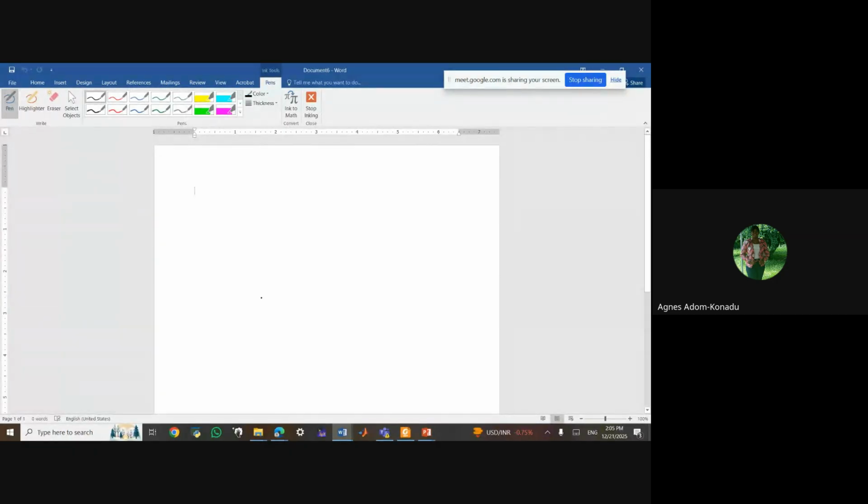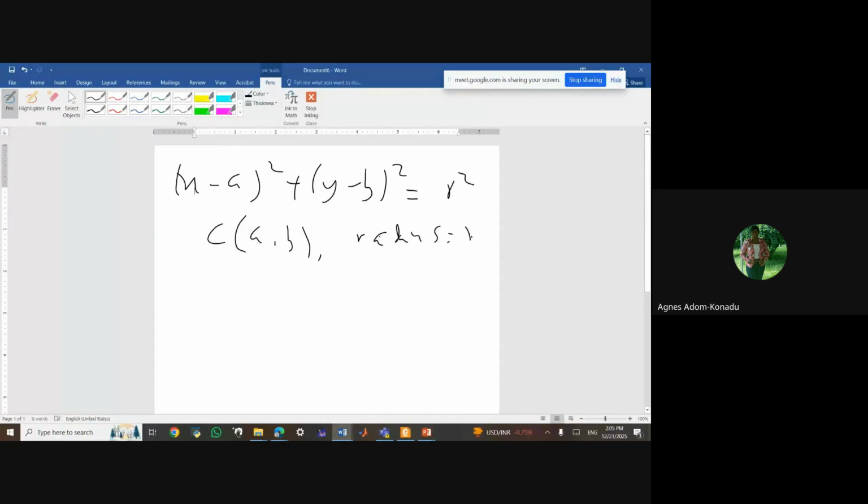Okay, so we know that the standard form is (x minus a) squared plus (y minus b) squared is equal to r squared, where my center is (a, b) and my radius is r. But in this question, we're given the center to be 0, 0 and another point P to be 4, negative 1. So how do you go about it?